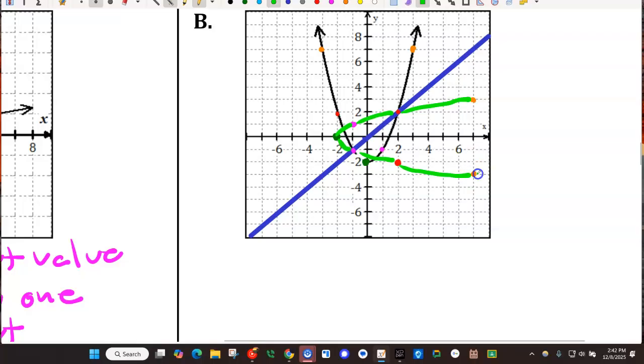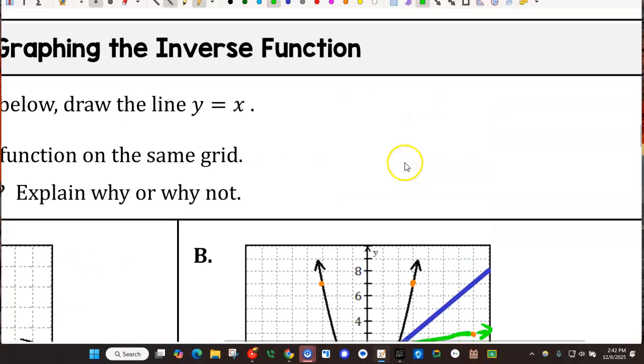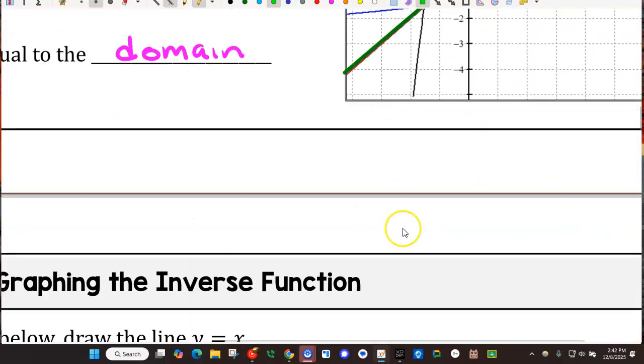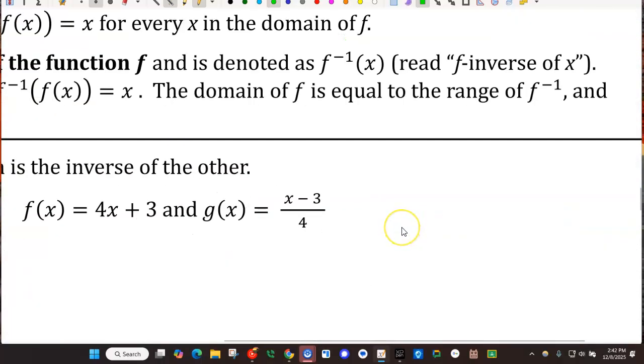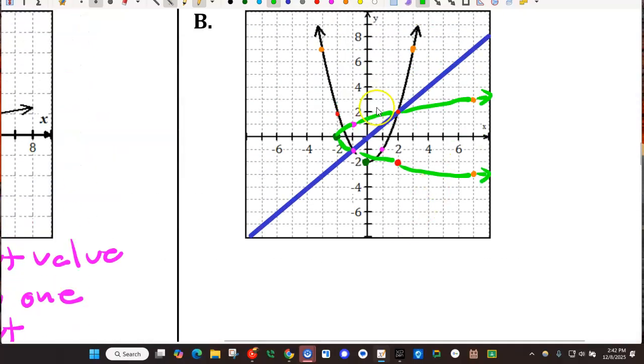There you go. So, is this an inverse, yes or no? It has to be two things. It has to pass that horizontal line test, which this does pass, but it also has to pass the vertical line test. This is not a function, right? So our inverse function has to actually be a function. This does not pass the vertical line test, so no, not valid.